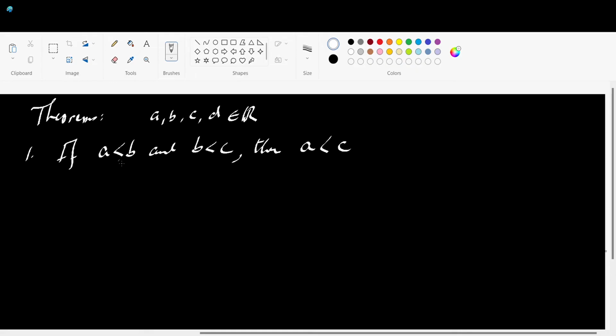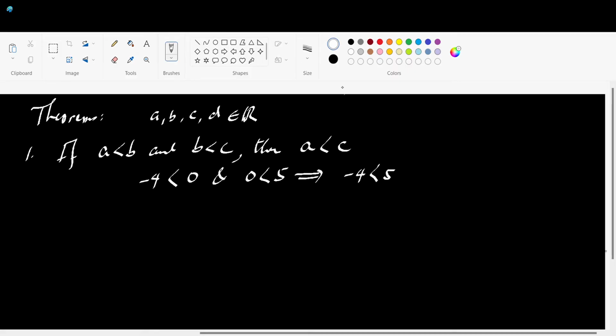So negative 4 is less than 0, and 0 is less than 5. That means that negative 4 is less than 5.